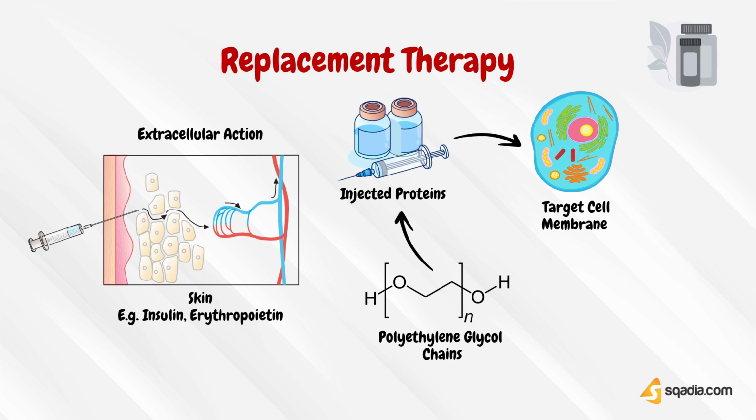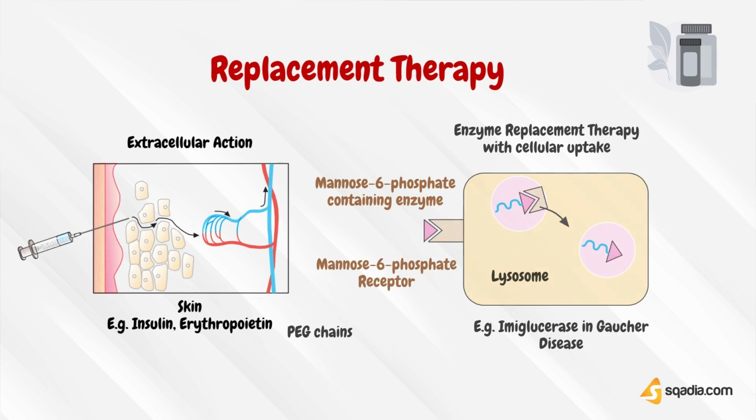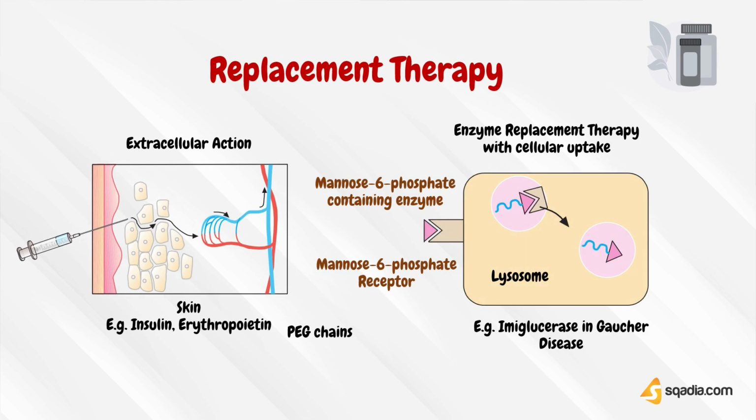For metabolic diseases resulting from lysosomal enzyme deficiencies, genetically engineered enzymes with mannose 6-phosphate residues can be used for intracellular protein delivery. Lysosomes are cellular compartments that contain enzymes responsible for breaking down waste materials in the body. In certain lysosomal storage diseases, these enzymes are deficient, leading to the accumulation of harmful substances in the cells.